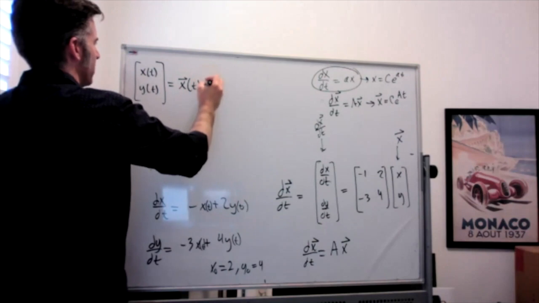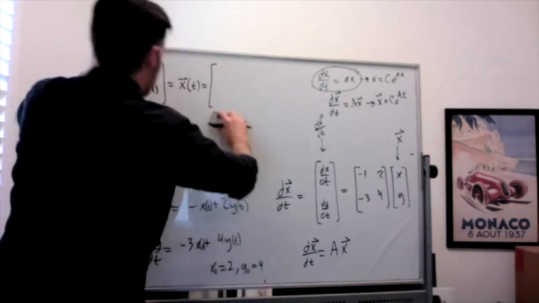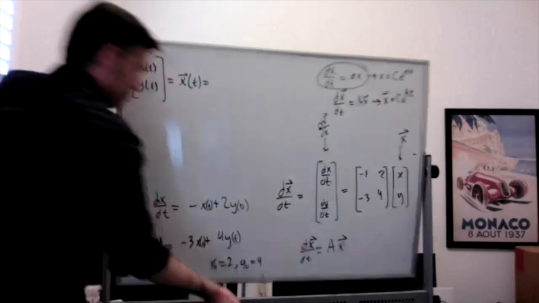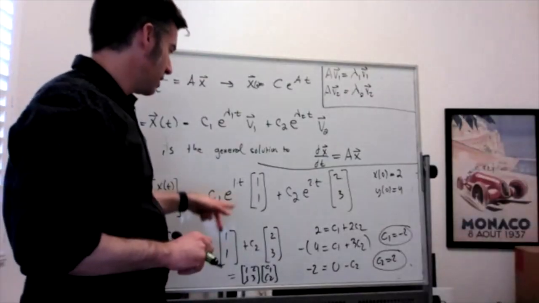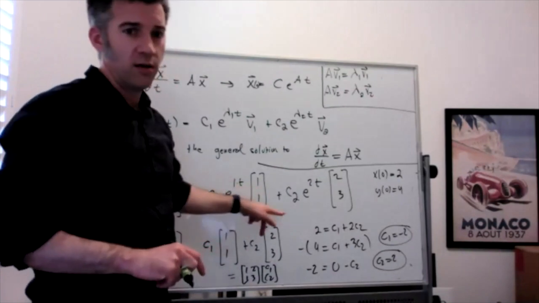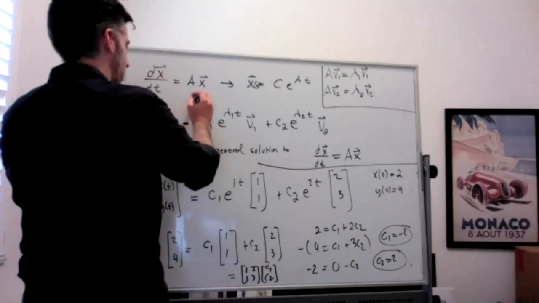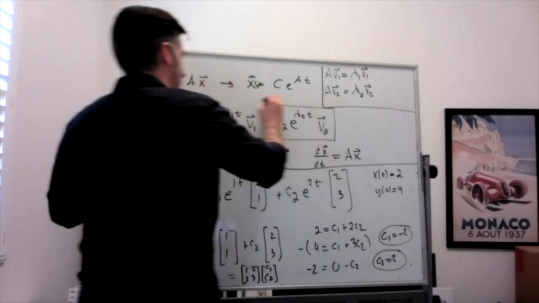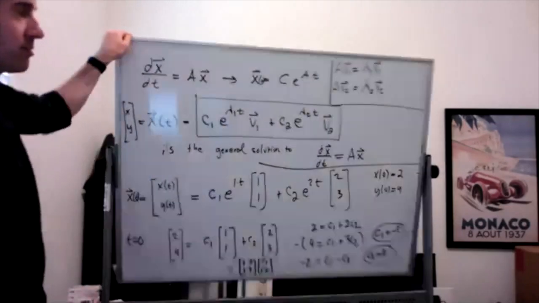And again, apologies for the kind of wonky notation. This is equal to, and you're going to want to memorize this formula. It's going to help a lot. C1 e to the lambda 1 t times v1 plus C2 e to the lambda 2 t times v2. Right? This equation right here is your bread and butter. This is your solution to a lot of things.